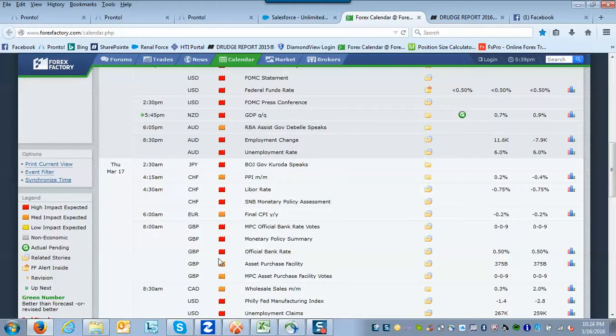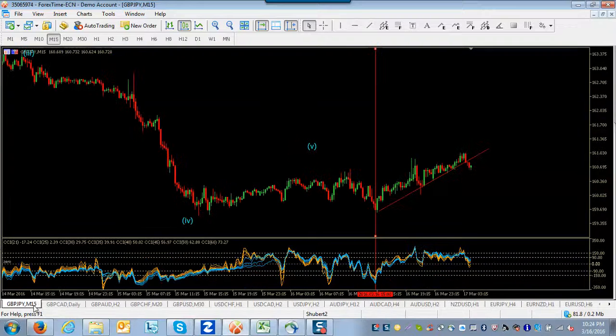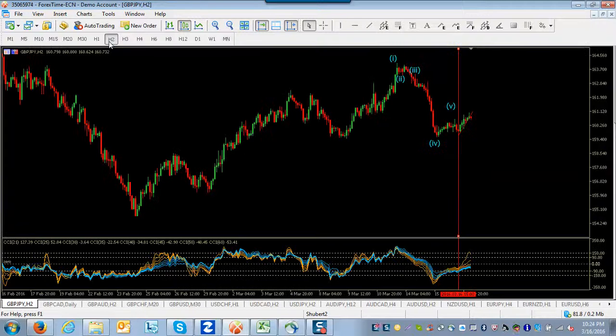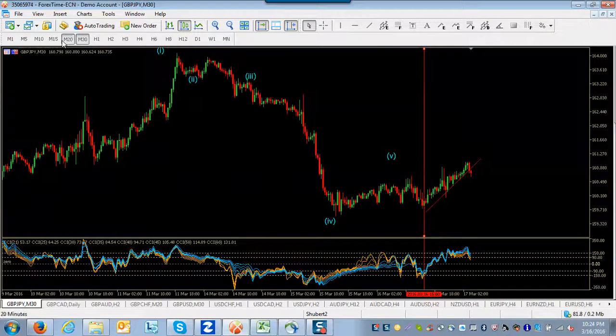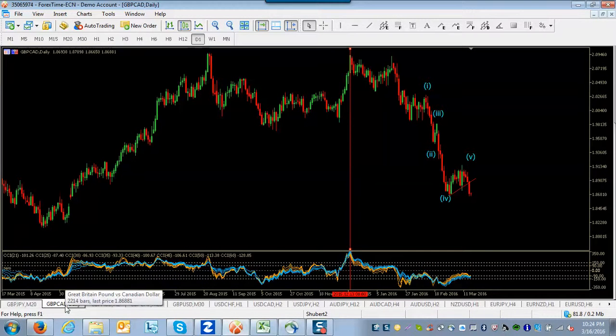But if anything on the pound pairs, I still think pound yen is due for a correction down. It's moved up sharply. It does look like it's trying to correct back down again, which is potentially a wave five. So if anything, I would expect pound pairs to move back to the downside, at least for a short time.